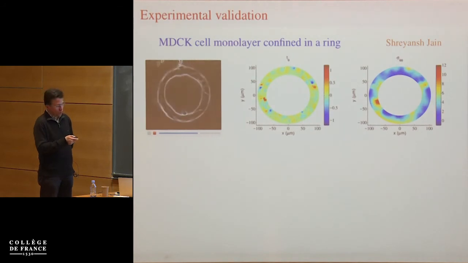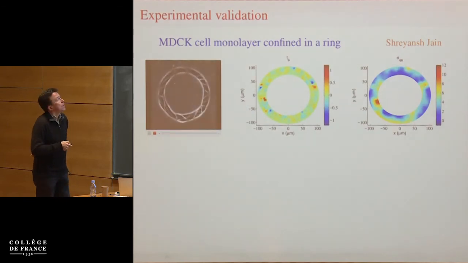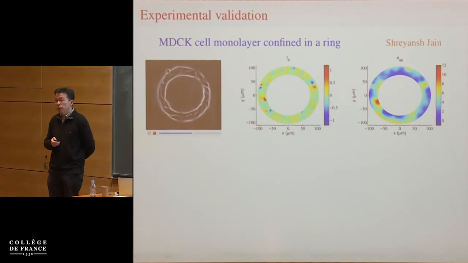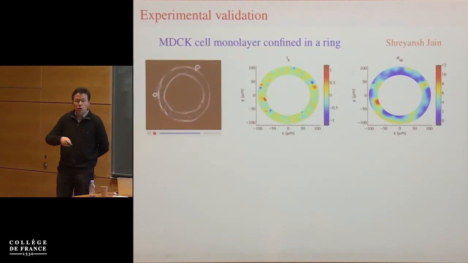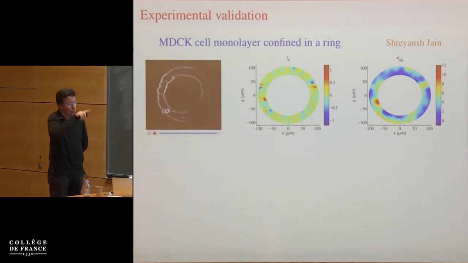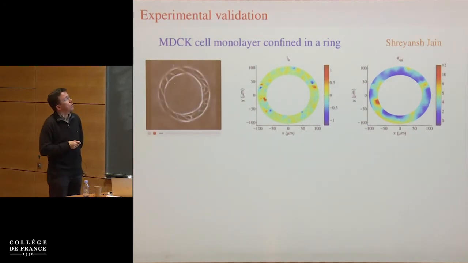And the system is quasi-1D since the width of the ring is small compared to the perimeter. In fact, a nice feature of this system is that it leads to collective migration and oscillations of the epithelial monolayer along the ring, but I'm not going to go into this.